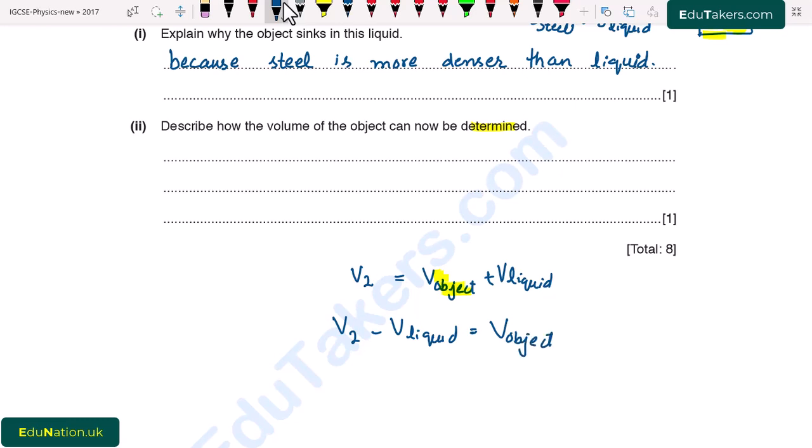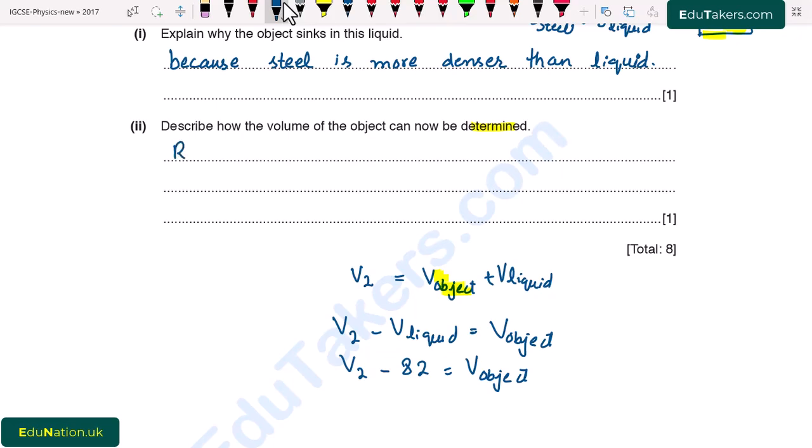So the first step is to record the new reading of the volume, V2, when the object was added, and subtract 82 cubic centimeter from it, because the volume of liquid is 82 cubic centimeter. So the result is equal to the volume of object.